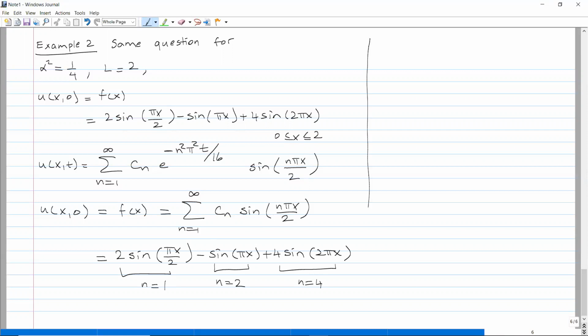Okay? So for n equals 1, the coefficient in terms of sine pi x over 2 is 2. So the constant C1 is 2. And for n equals 2, the constant C2 is minus 1. The coefficient of sine pi x is minus 1.